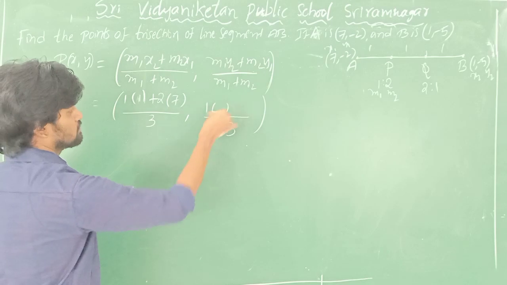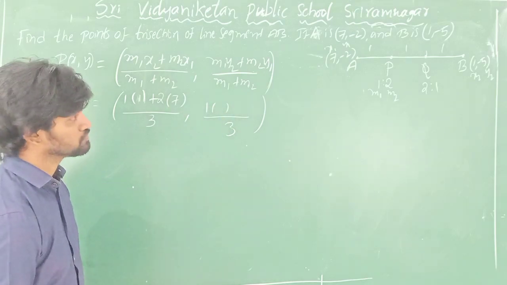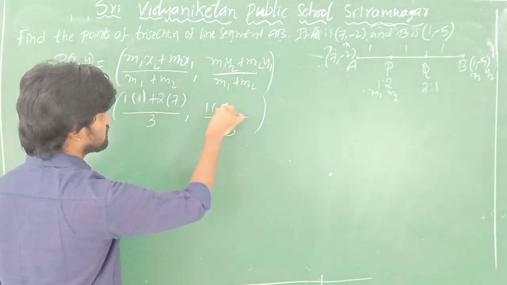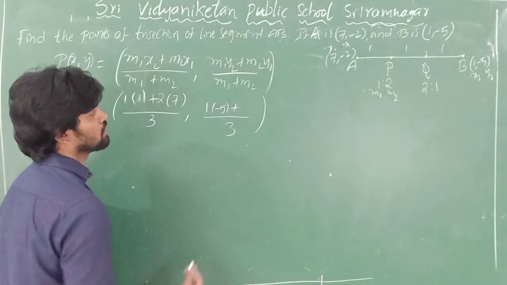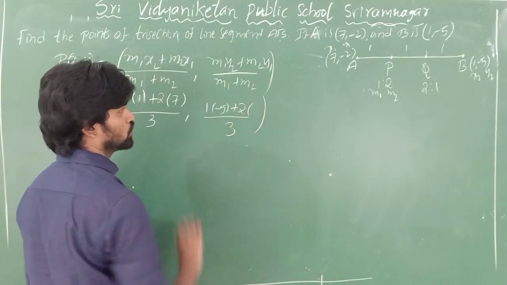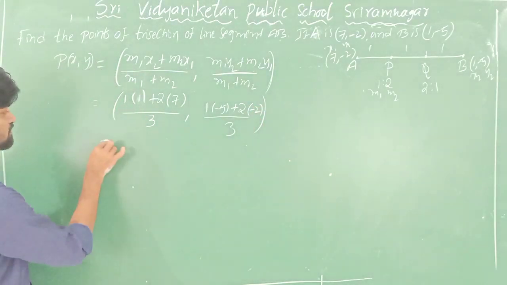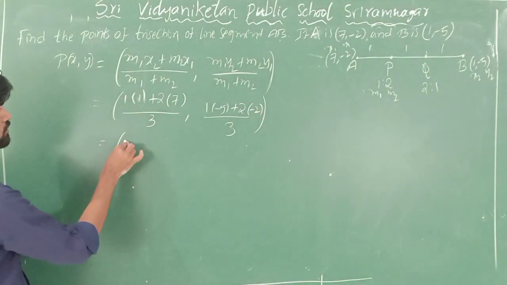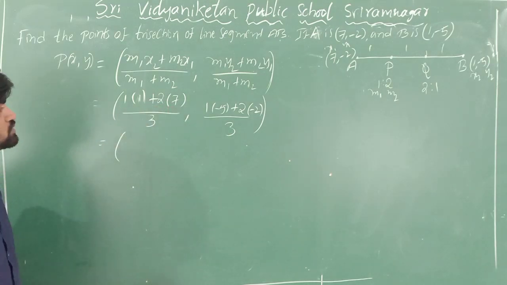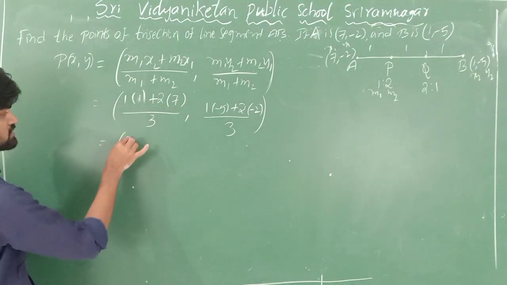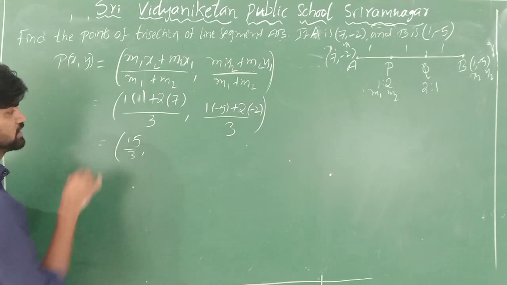M1 is 1 again into Y2 is minus 5 plus M2 is 2, Y1 is minus. Just simplify this. 1 to 7 is 14. 14 plus 1 is 15. 10 by 3.